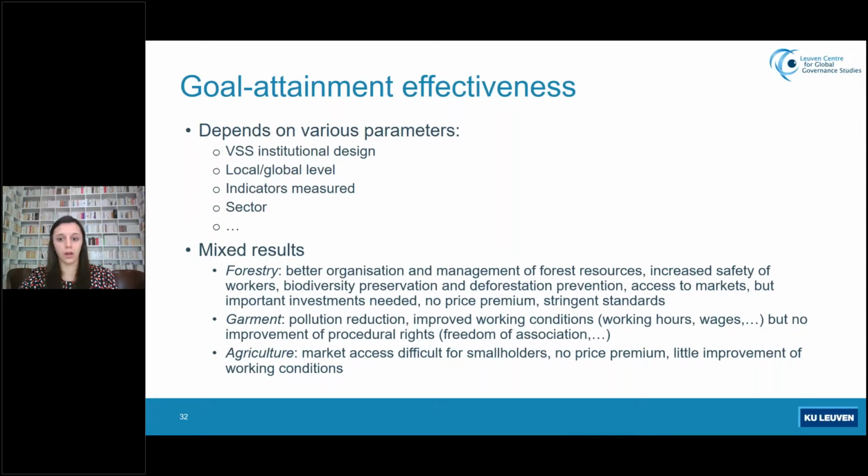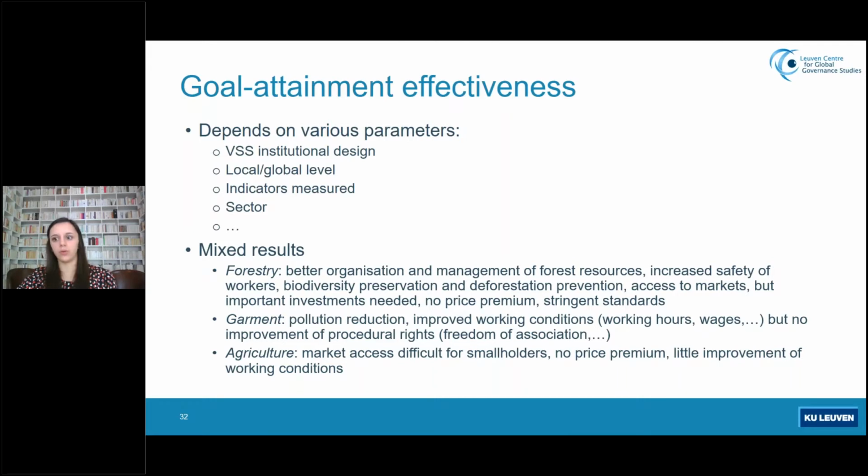In the garment industry also, certification seems to improve some environmental aspects, for example pollution, and it also seems to improve some working conditions such as working hours or wages, but it fails to improve procedural rights, for example freedom of association. And in the agricultural sector, results are also very mixed. There are a lot of studies conducted on many different agricultural commodities and in many different countries as well.